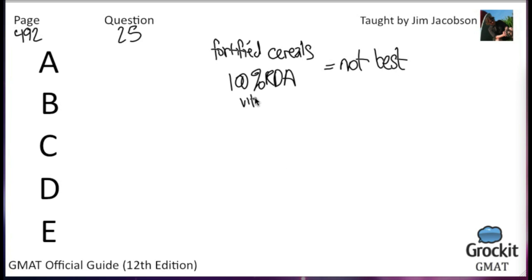And this is USRDA vitamins. So we need to strengthen the idea that having 100% of the recommended daily allowance of vitamins added to your cereal, we need a reason that that's not the best.